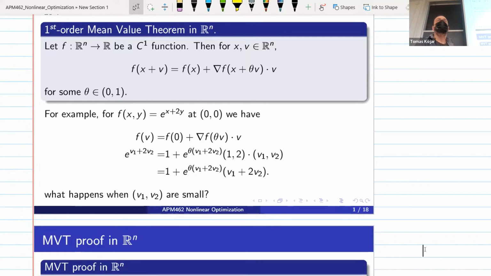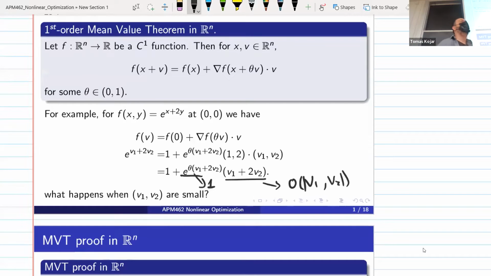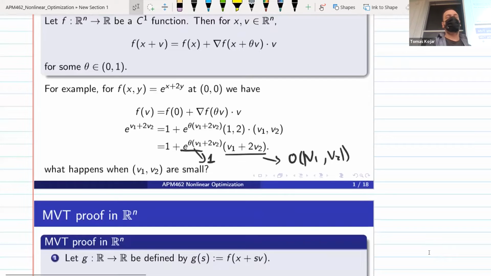What's the limit? Yeah, one. And it goes linearly fast, because this term goes to one. So the speed is O of v1, v2. Put it in norm if you like. I will come back to this and talk about the Taylor expansion.